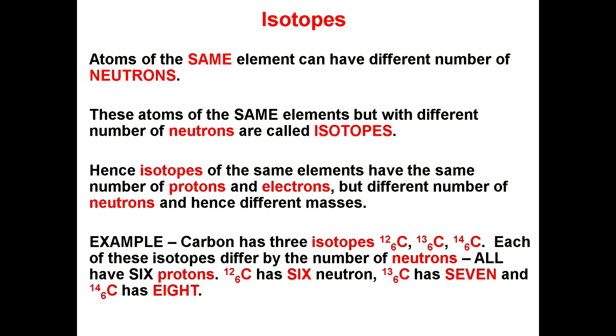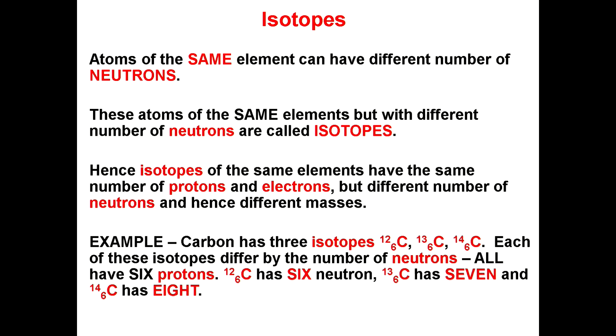Okay, so here is about isotopes. So what are isotopes? Basically, each element has isotopes. This means atoms of the same element can have different numbers of neutrons.